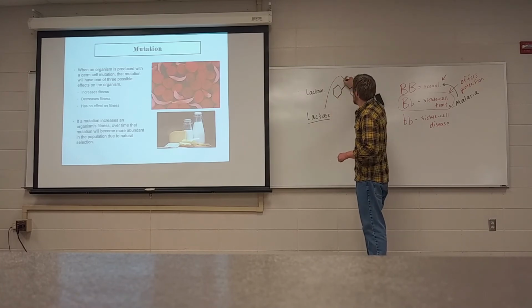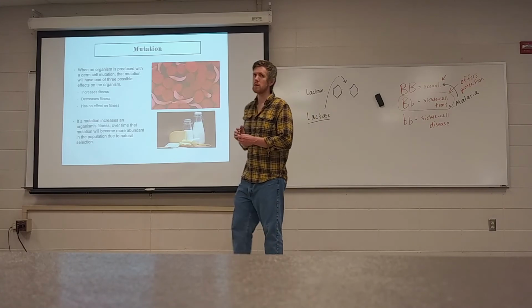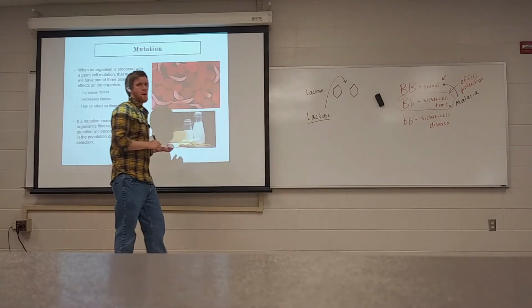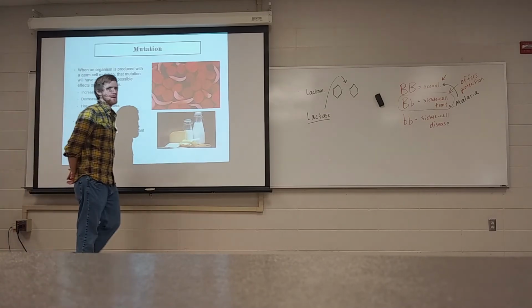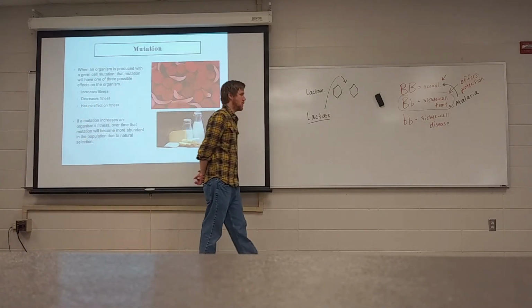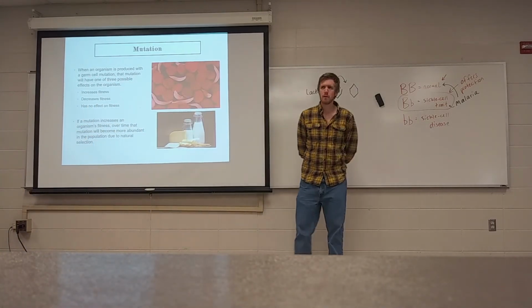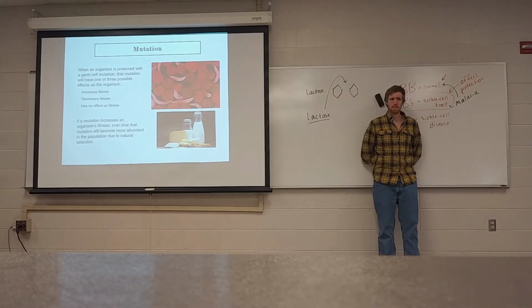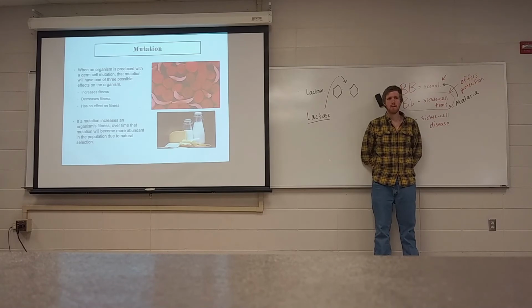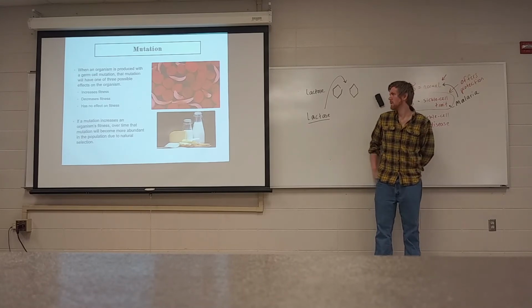So, if you have the ability to digest lactose as an adult, somewhere in the distant past, one of your ancestors had this mutation. Because no other mammal does digest milk after infancy. It is not the typical condition. And yet a lot of people nowadays can do this.